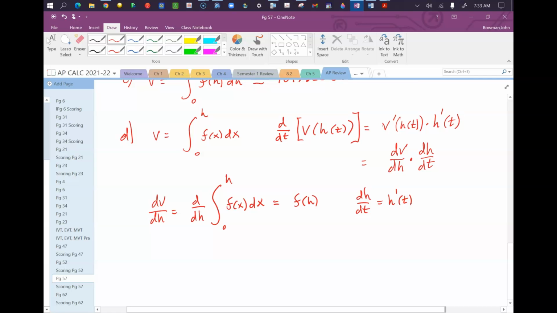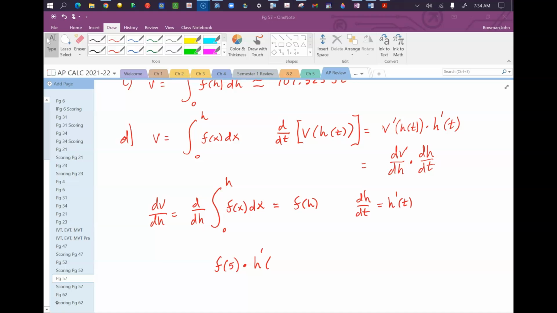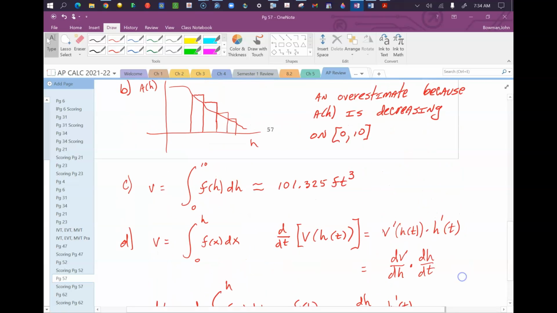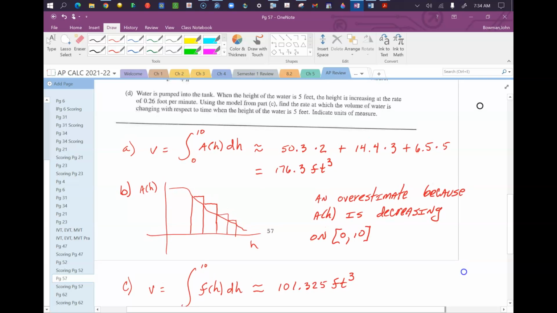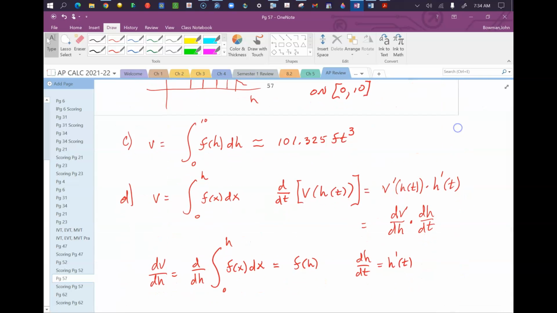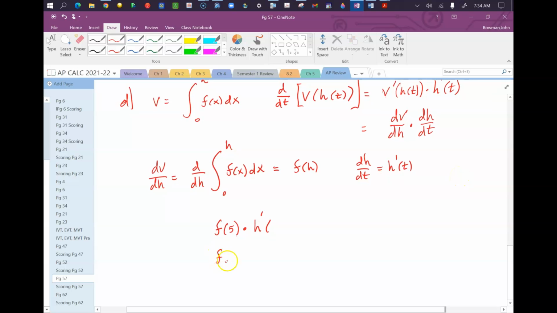So we need to take f and evaluate it at a certain height, and that height given in the problem was 5, and then we need to take h prime and evaluate it at a certain time. Let me correct that statement. We were not given a particular time. What we were told is that at the time the height was 5 feet, h prime of t is 0.26 feet per minute. So we're going to take f of 5 times 0.26 feet per minute.